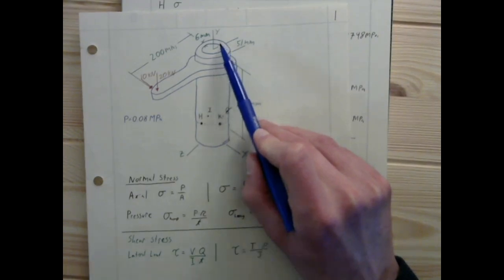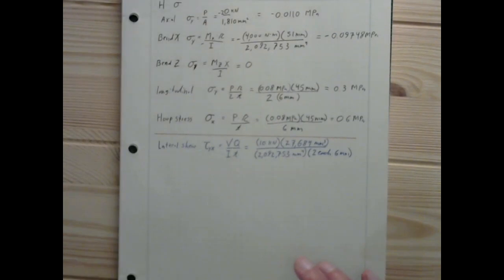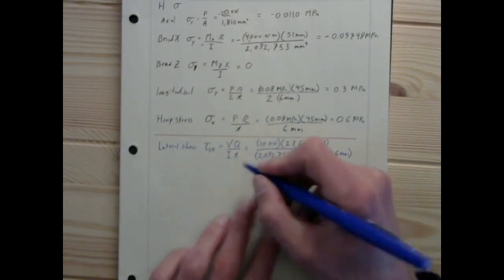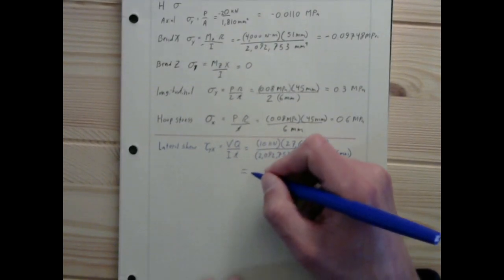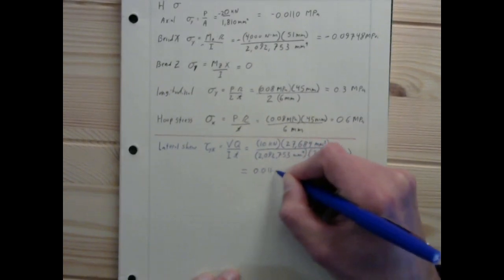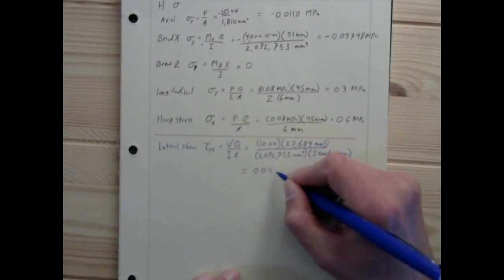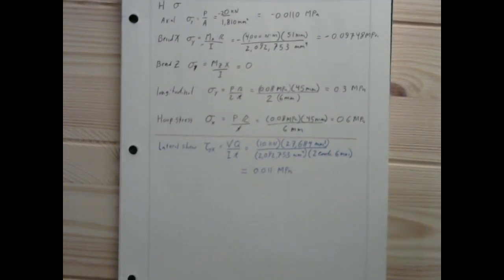Okay, so we've got 2 times the thickness. So don't forget that the thickness here is 12 millimeters, not 6 millimeters, and that's going to give us 0.011 pascals.